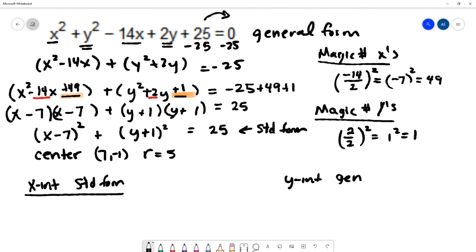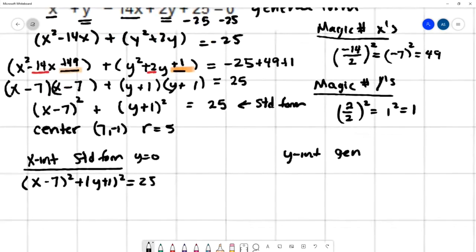So to find the x-intercept, we'll take our standard form, x minus 7 squared plus y plus 1 squared equals 25. And when you find an x-intercept, you let y equal 0.